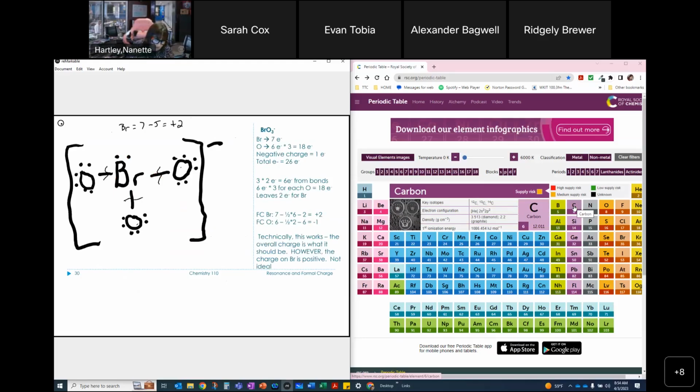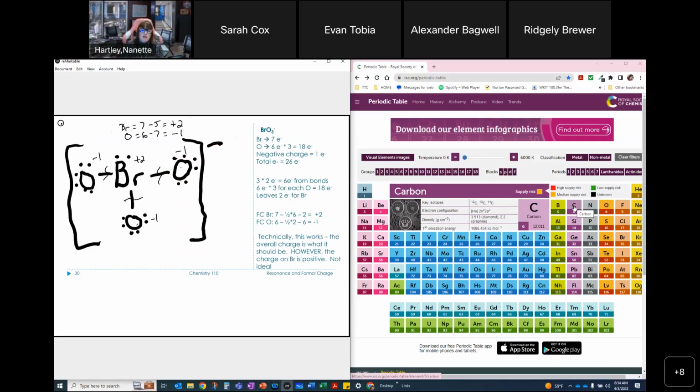Each oxygen should have 6, and he has 2, 4, 6, 7. So each one of them is a -1 charge, and that actually makes sense. The fact that this is a plus 2, this is a -1, this is a -1, this is a -1, 2 of those are going to cancel out, and that'll leave me with the -1 that makes up this charge. That makes total sense to me.